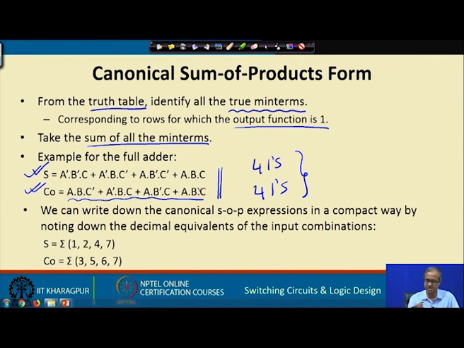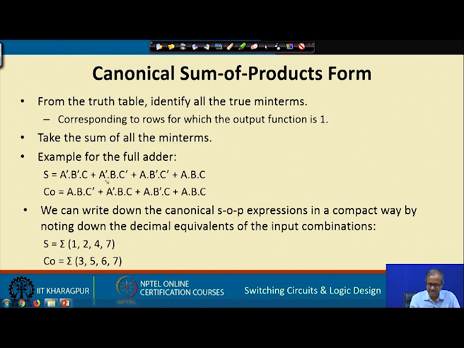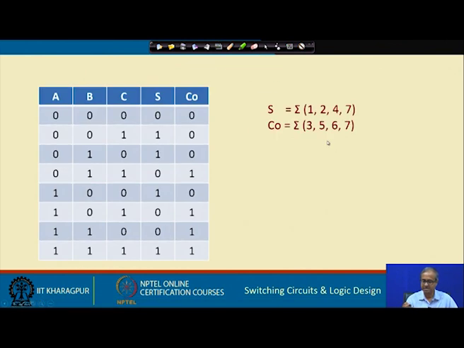So, if I express a function as a sum of the true minterms, then it will obviously be a unique representation. Now, we can write such a canonical expression in a short form using the sigma or summation notation. I will explain it with the help of the truth table, how it is written. Let us consider again this truth table for the full adder.